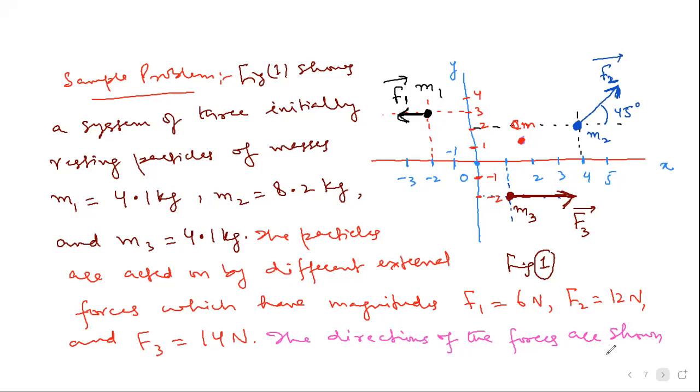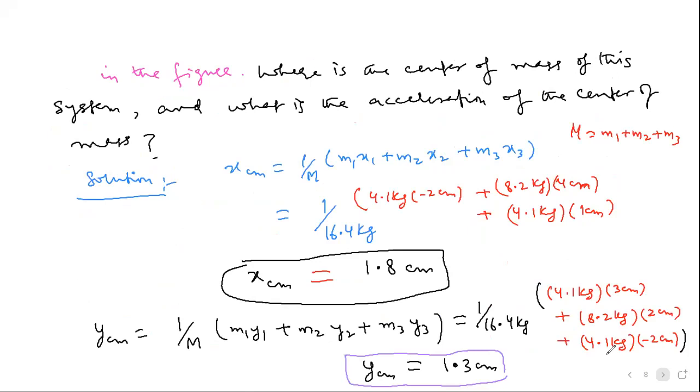Then the second part, we have to find the acceleration of the center of mass. To find the acceleration, we know from the equation which we obtained that the net external force on the system of particles is total mass times the acceleration of the center of mass.